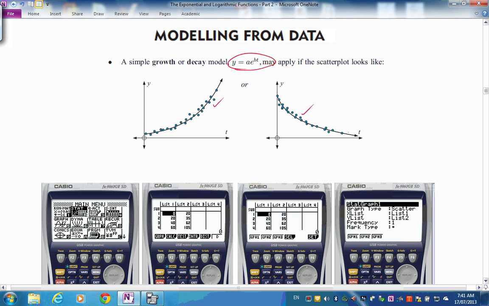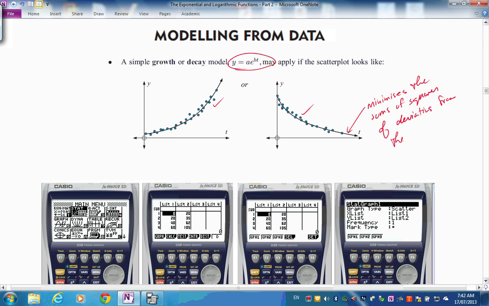In other words, put a line through the points which minimises the sums of the squares of the deviations from the model.